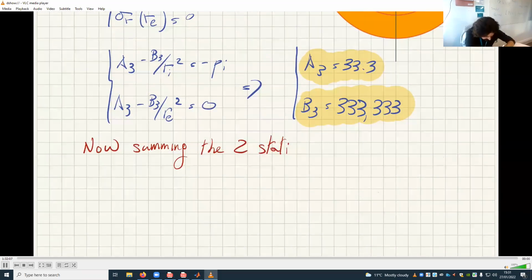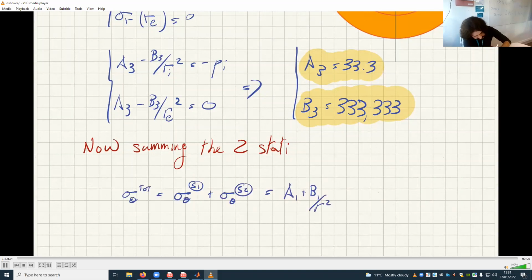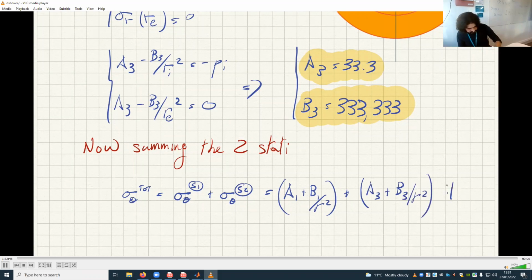If you sum the two states, sigma theta total is sigma theta of state 1 plus sigma theta of state 2, which is equal to A1 plus B1 divided by R squared plus A3 plus B3 divided by R squared if R is smaller than RC.